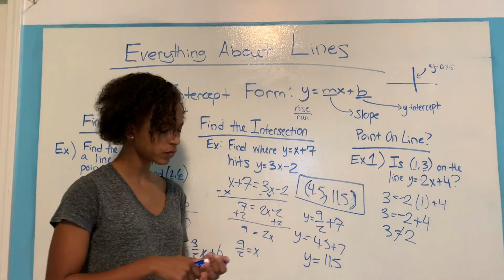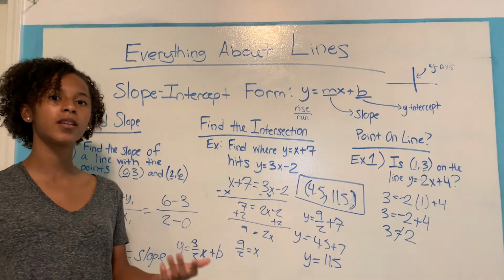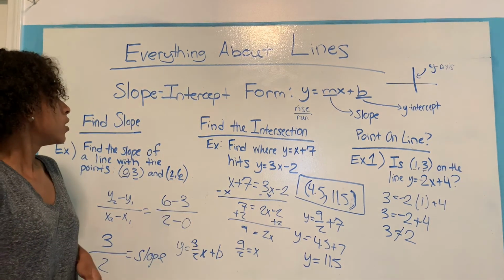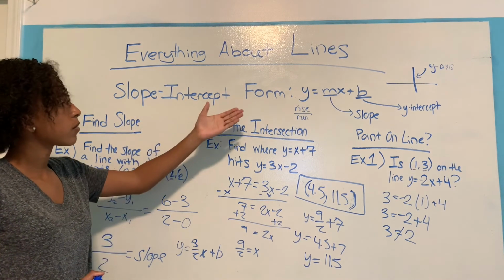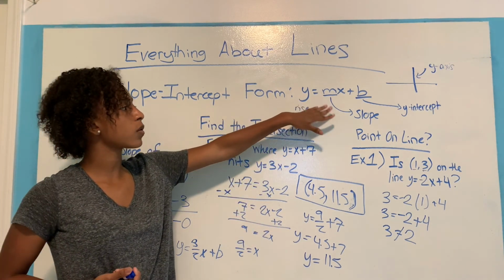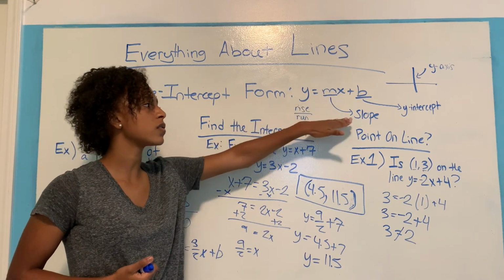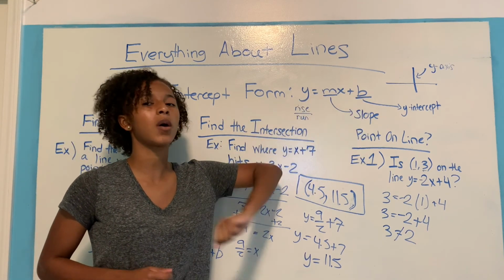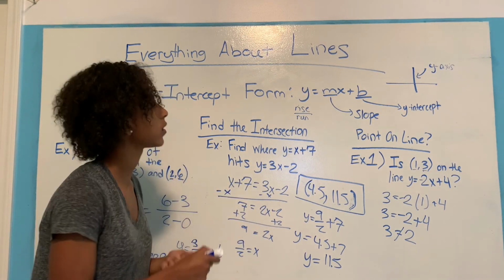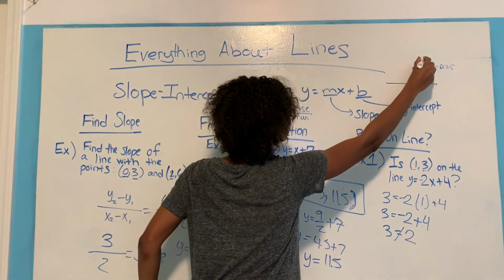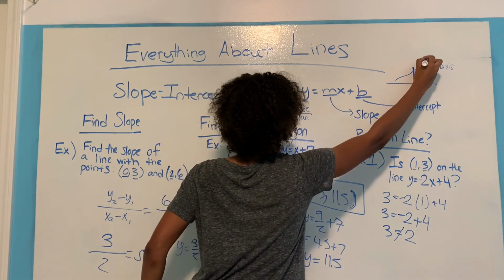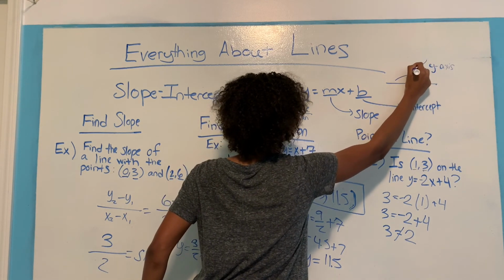So just a quick rundown of what we did in this video. We talked about slope-intercept form, y equals mx plus b. Remember, m is always the slope, and b is always the y-intercept. Let me just make sure you understand that. Let's say that was your line.